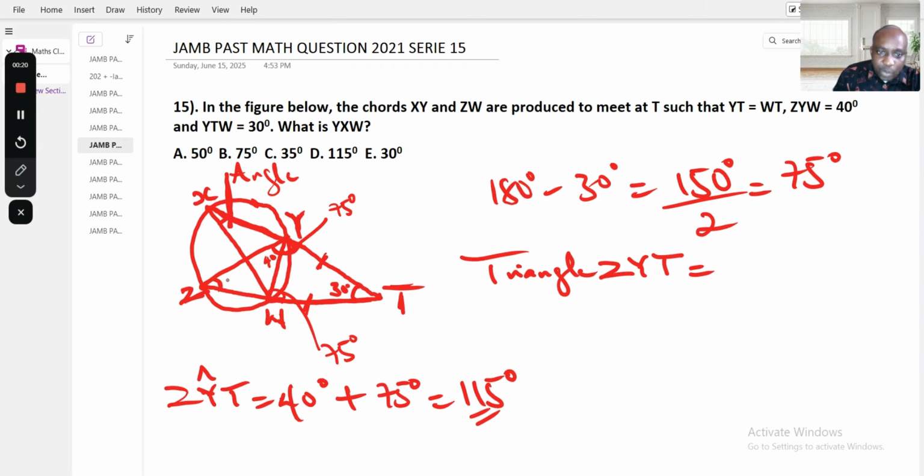From here to here, we don't know it yet. From here is 30 degrees. We know that one. Now, let me write, okay, ZYT plus YTZ, isn't it? Plus what? YZT.